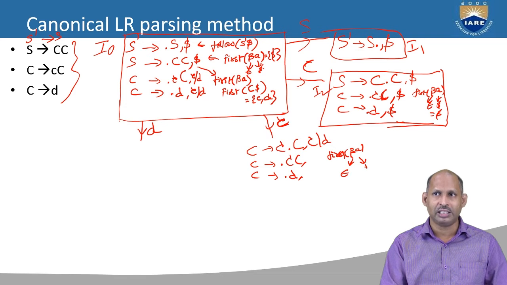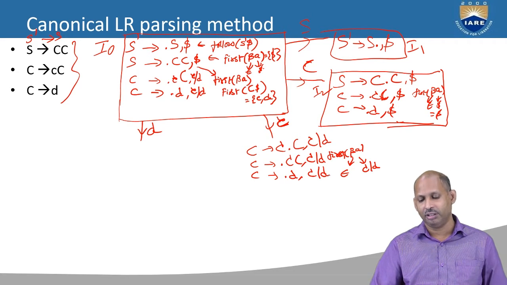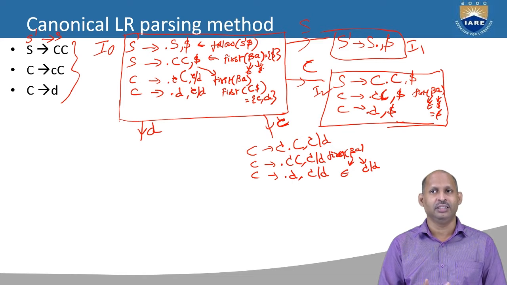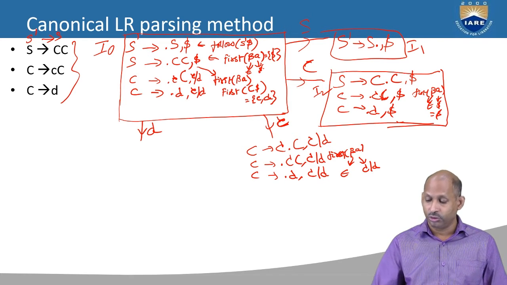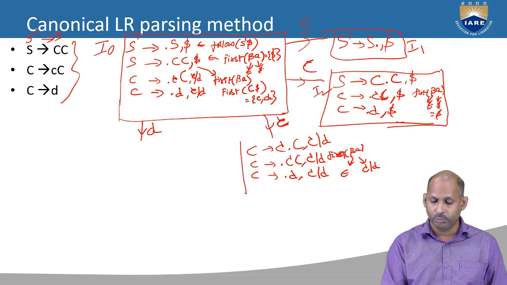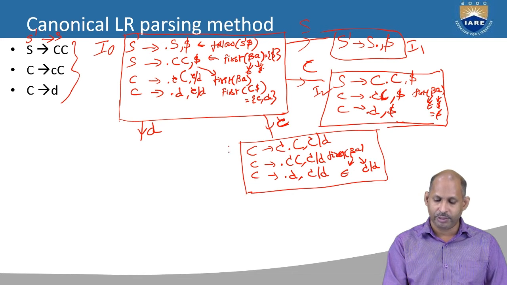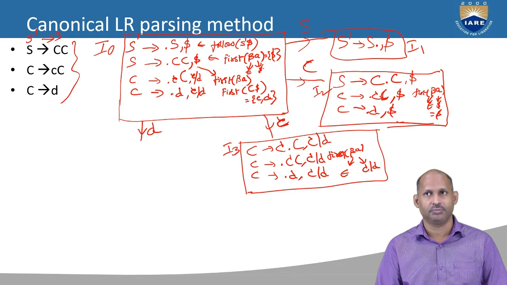Here the symbols are terminal C and D. So we consider both terminal C and D. They are terminal followed by dot followed by terminals only. So no need to add any other productions in this closure. So we'll make it as I3.